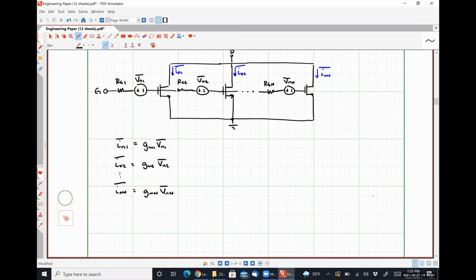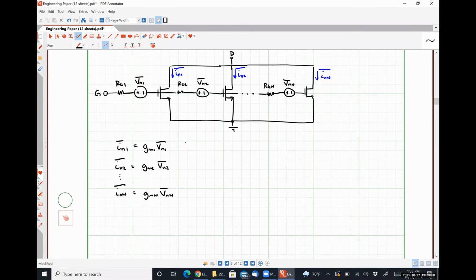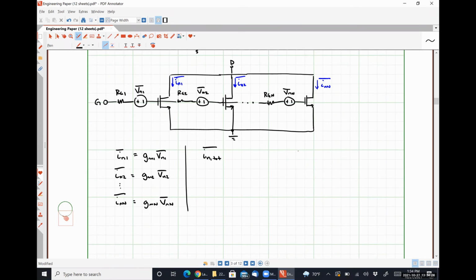And if we apply Kirchhoff's current law at the drain node, what we wind up seeing is that IN total, so that would be the current flowing into the drain, is simply IN1 plus IN2. And we just add them all up together to get to INN.